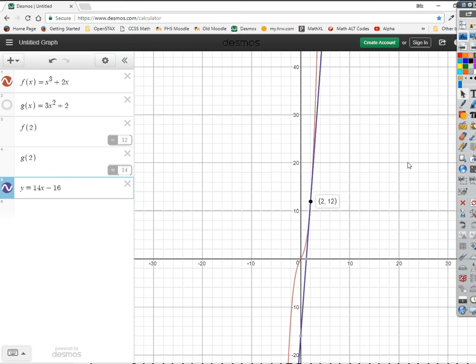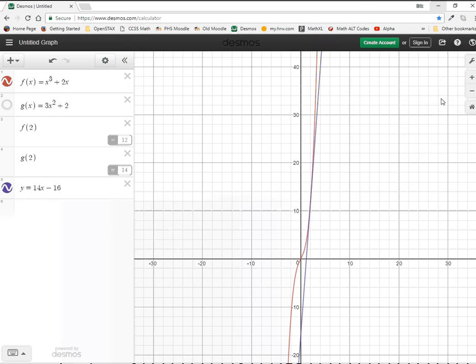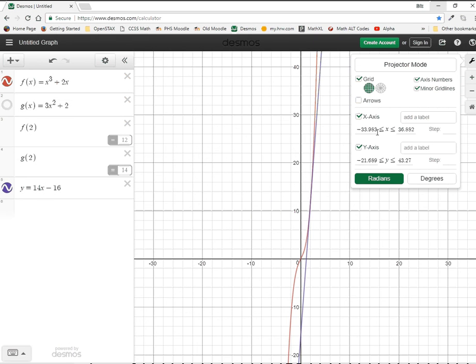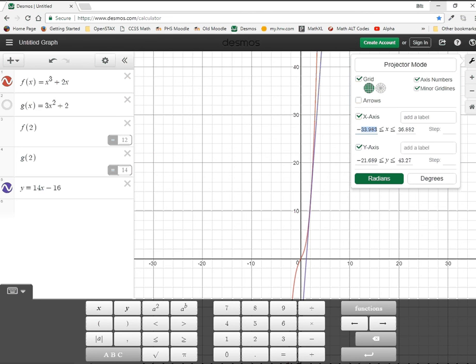Okay, so beyond that, let me go ahead and expand out the x-axis a little bit. Actually, I'll zoom in a little bit.